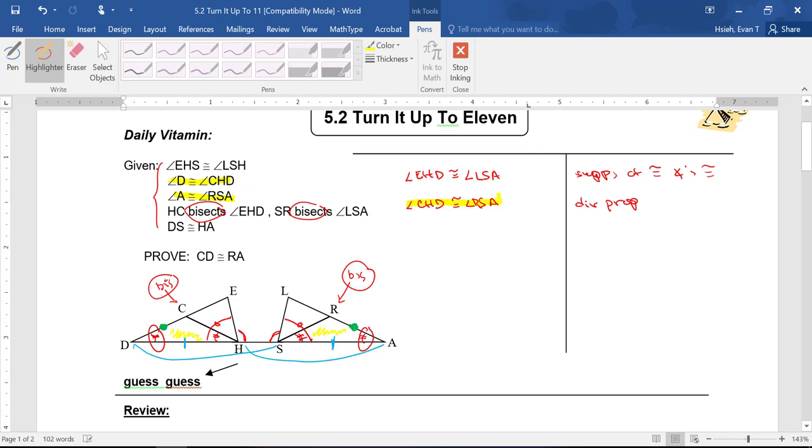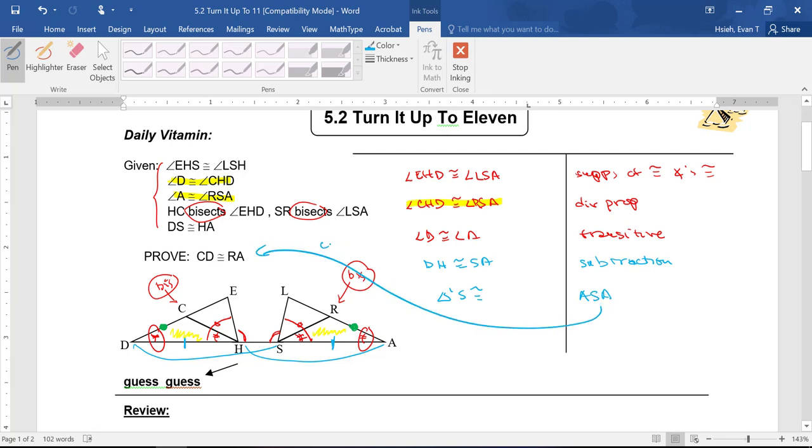And together with this, I can combine everything together and I can get that angle D is congruent to angle A. That's just going to be one gigantic transitive property. I got DH congruent to SA, and that was by subtraction. Triangles congruent, therefore by angle side angle, and then I can CPCTC it to get that.